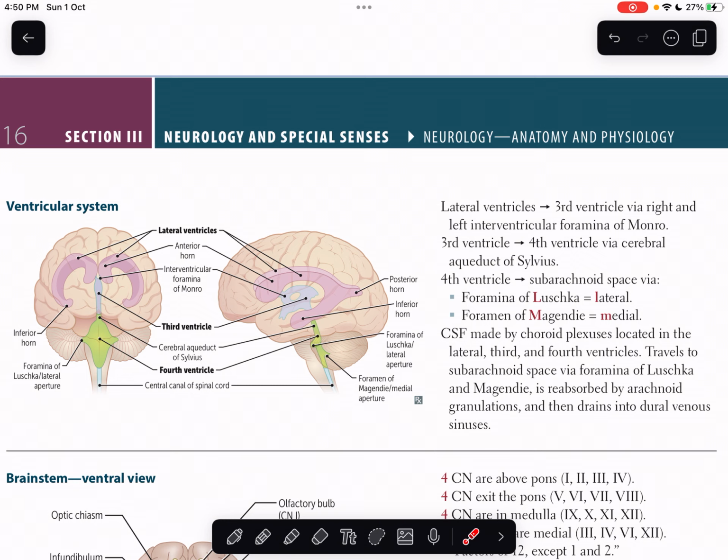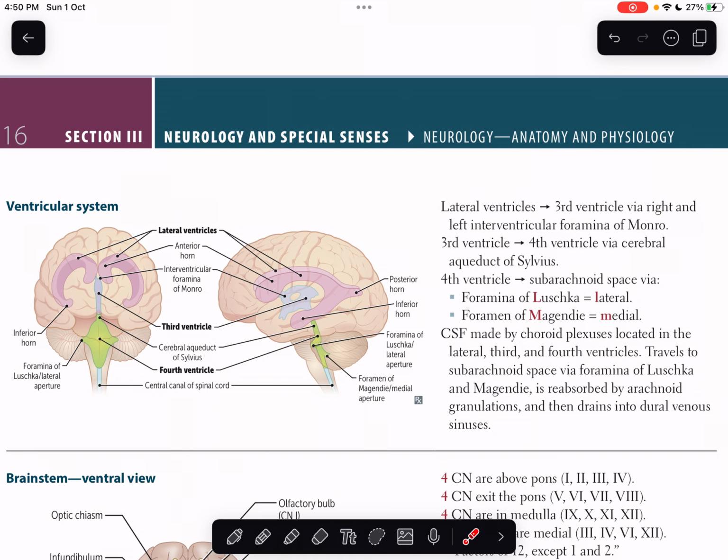For that, in the subarachnoid space we have arachnoid granulations, so it is going to be reabsorbed there, and from there it is going to go into the dural venous sinuses to get drained, and then finally it is going to be emptying into the internal jugular vein.